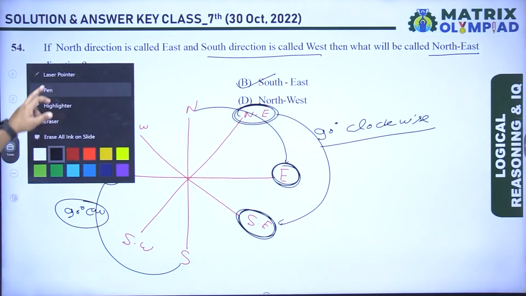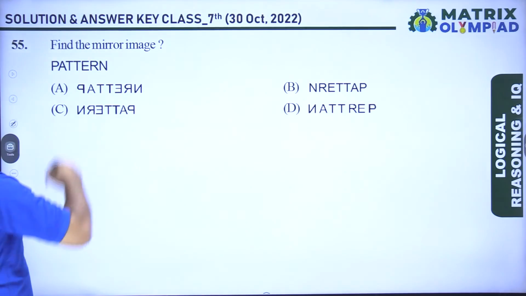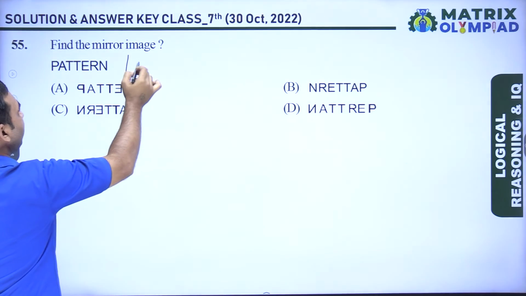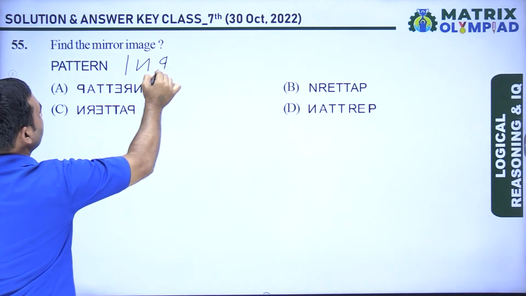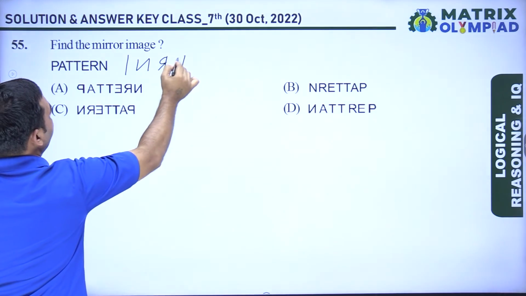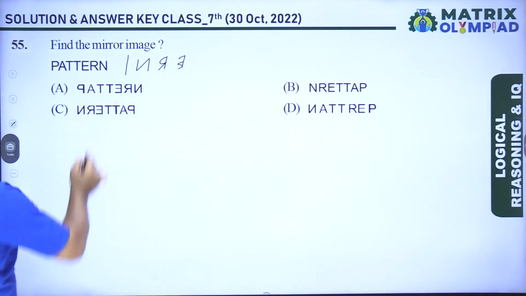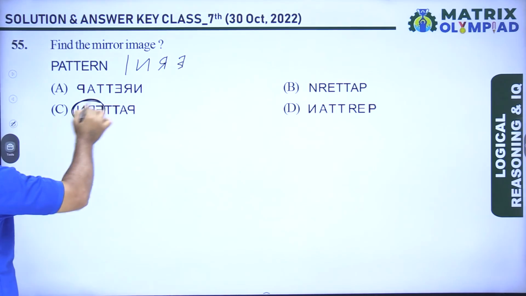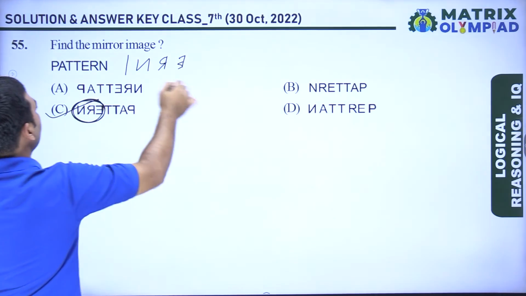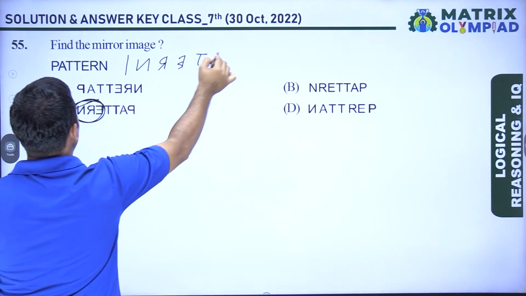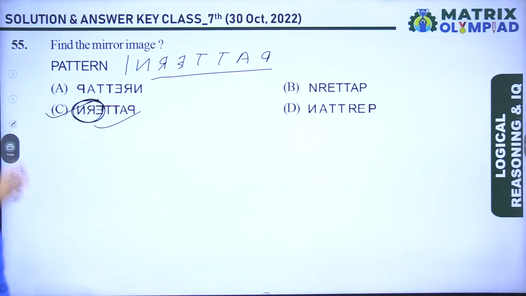Our next question is, find the mirror image of the pattern. As you see, find the mirror image of pattern N, R, E. Option first is the same. Option C is the correct answer. If we continue this image, then T, A and P. This is the same image.